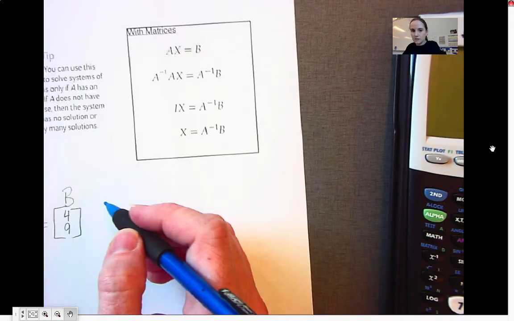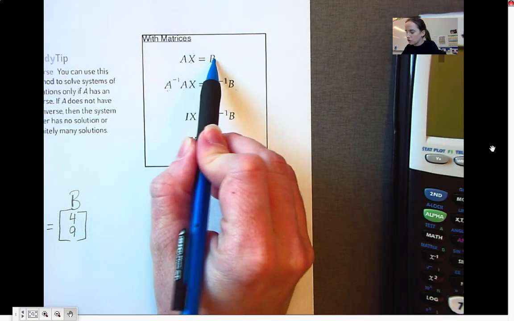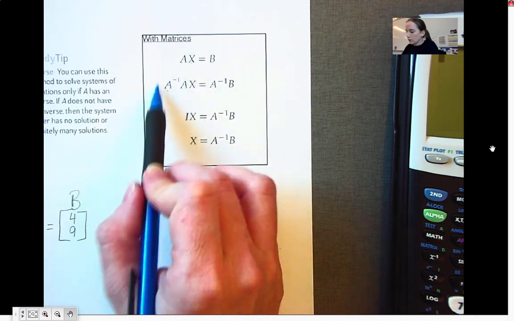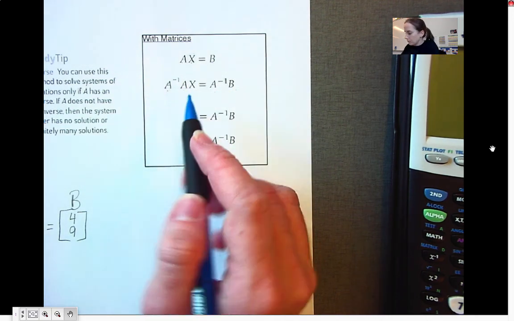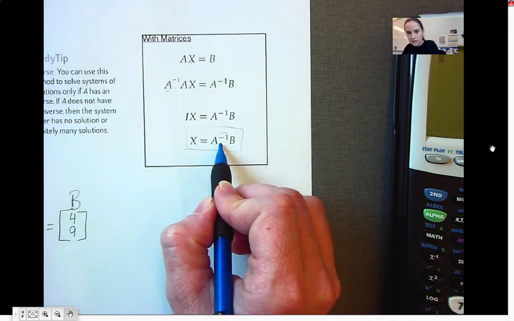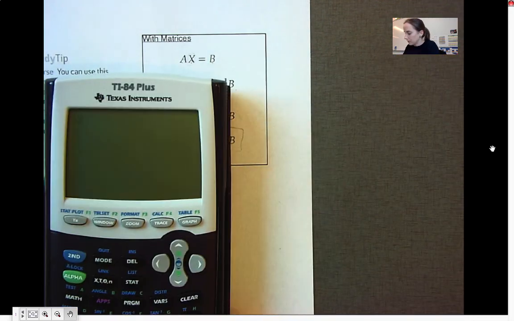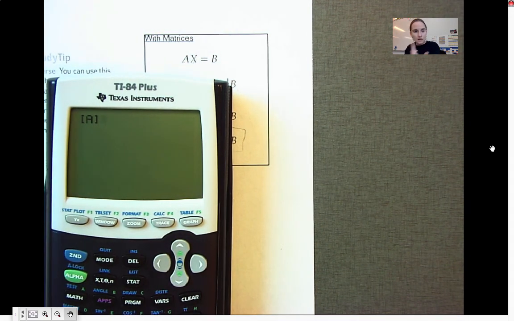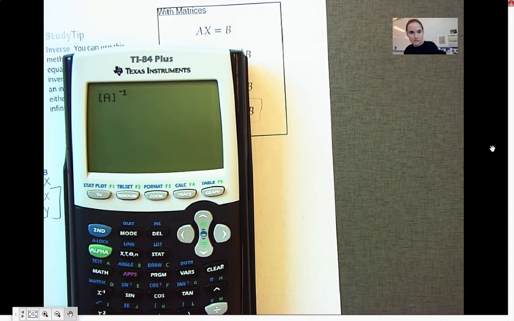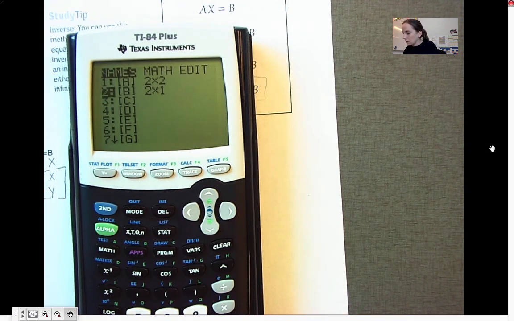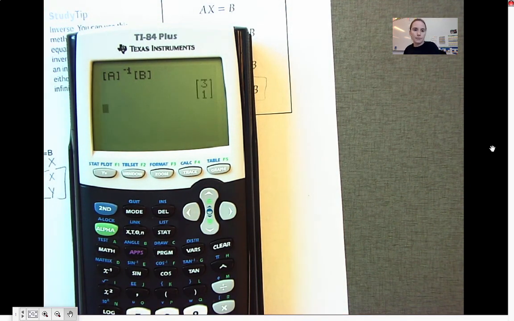Okay. All right, now here's where it gets good. Go back up to this. We've got a matrix A and a matrix B plugged in. If you do all of this work with the inverse, you should get to this final step here. So we need to take the inverse of matrix A and multiply it by matrix B. Go get matrix A, make it the inverse by pressing the x to the negative 1 key, and then go get matrix B and press enter.